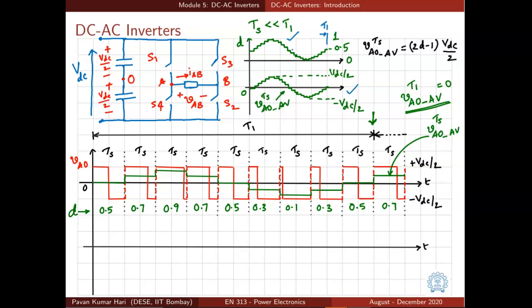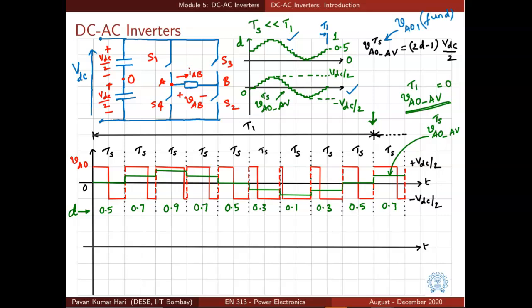Why? Because the average value of VAO over TS is simply (2d minus 1) times VDC by 2. So it is proportional to d, but just shifted because it's 2d minus 1. So if our duty ratio is varying in a sinusoidal fashion, our average value of VAO over TS will also vary sinusoidally as shown here.